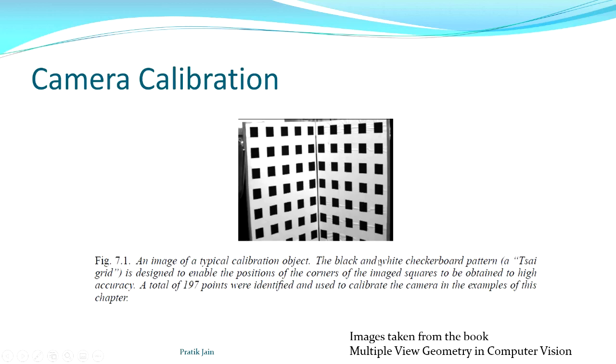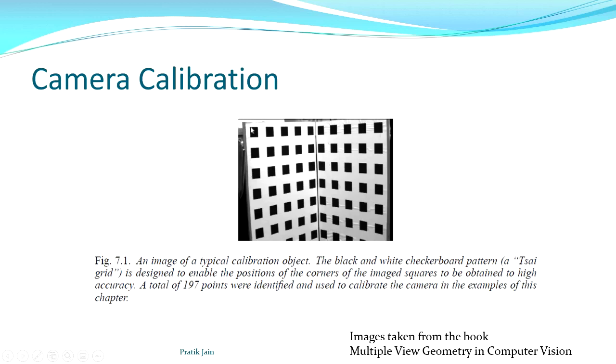The 3D coordinates of the different points of this object are known, and then we just click a picture and see the corresponding image points. We have the 3D coordinates of this point, capital X, and we take its image, from which we get the corresponding image point, with its x coordinate and y coordinate.